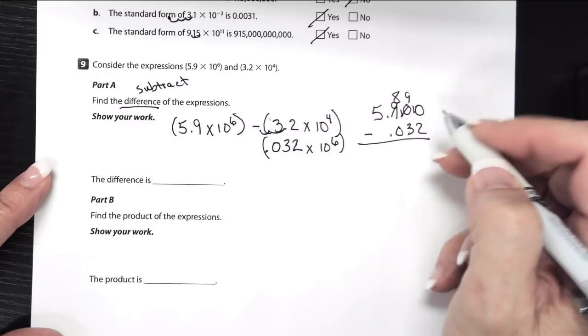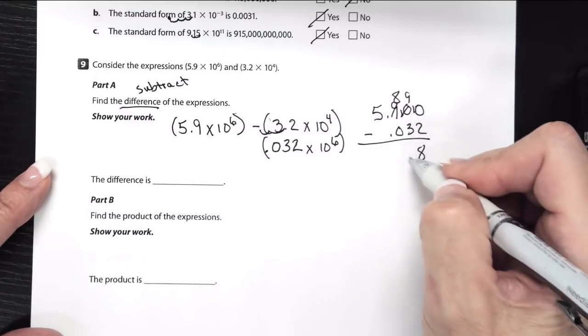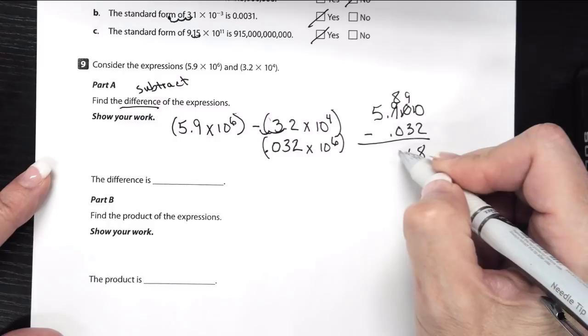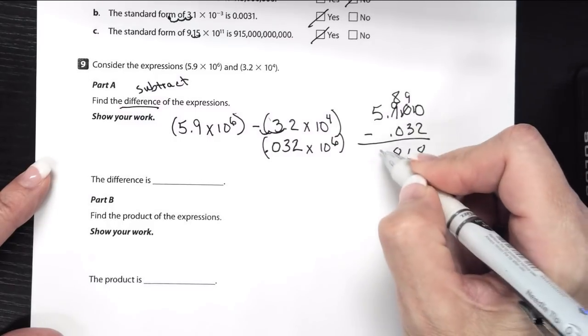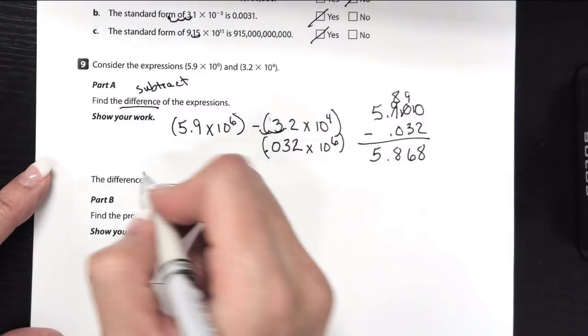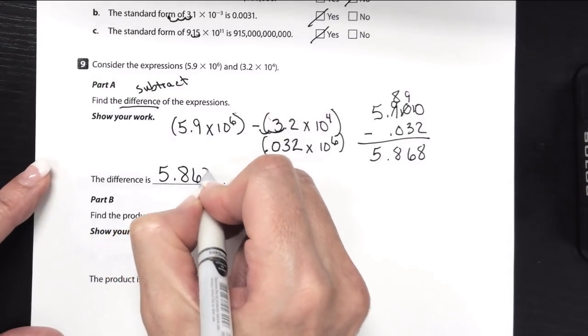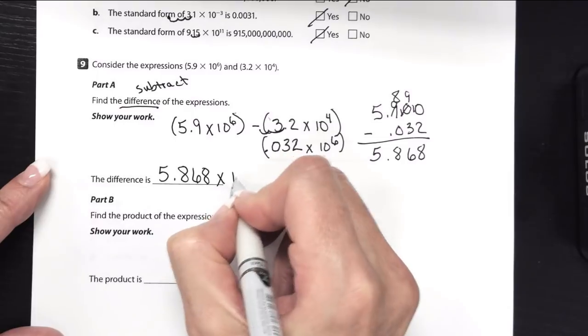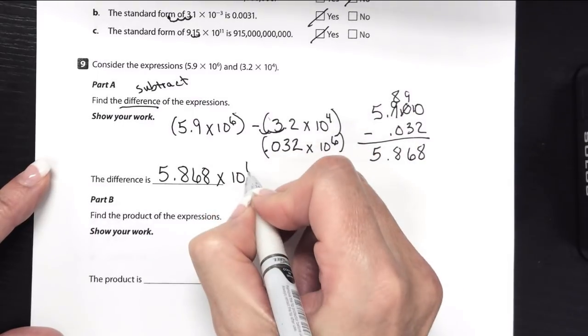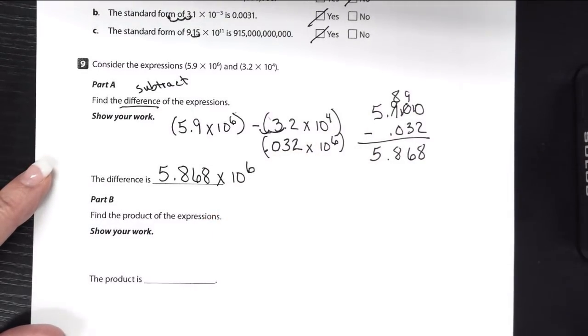So 10 minus 2 is 8, 9 minus 3 is 6, 8 minus 0 is 8, and I bring down my 5. So I would have 5.868 times 10 to the 6th, because that is what we made our exponents. If you don't make the exponents match, you will not get the right answer.